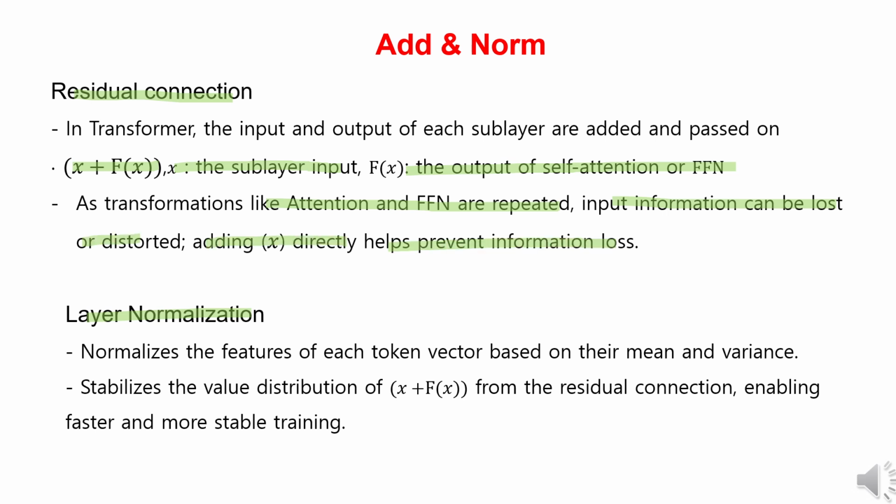Next, layer normalization normalizes each token vector based on its mean and variance. By normalizing the combined output x plus f(x) from the residual connection, layer normalization helps make training faster and more stable. In summary, using residual connections together with layer normalization allows the model to preserve important information while simultaneously ensuring stable and efficient training.